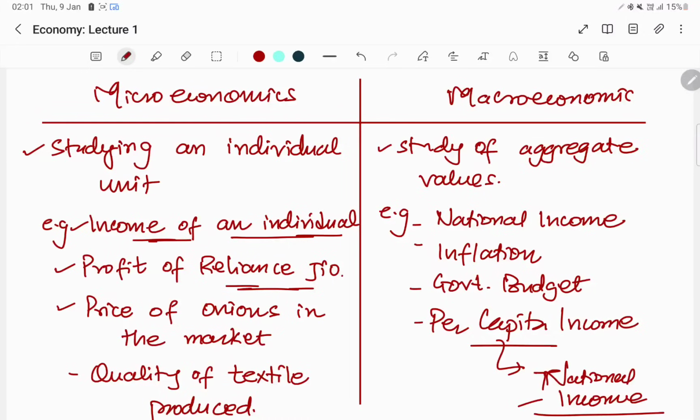For example, if you apply all principles of economics to Delhi, then it will be economics of Delhi, economics of Mumbai, economics of Maharashtra. So the economy is nothing but when economics is applied to a particular territory.